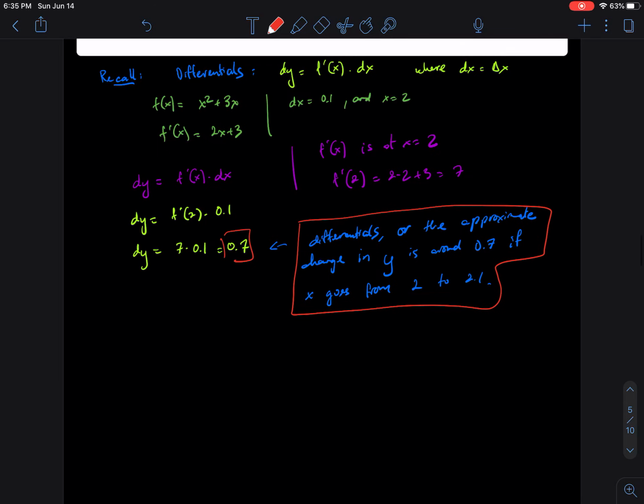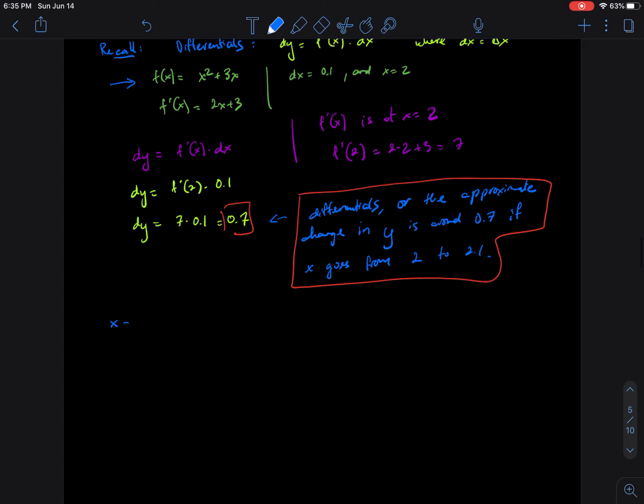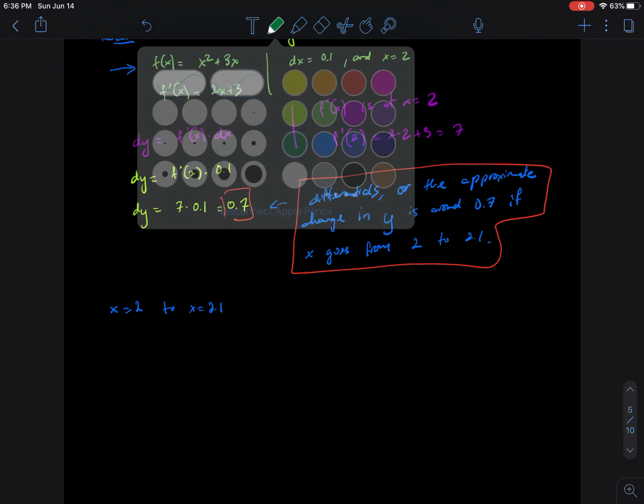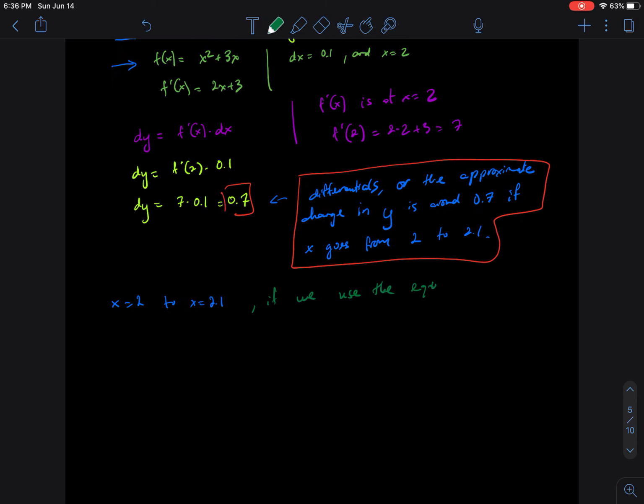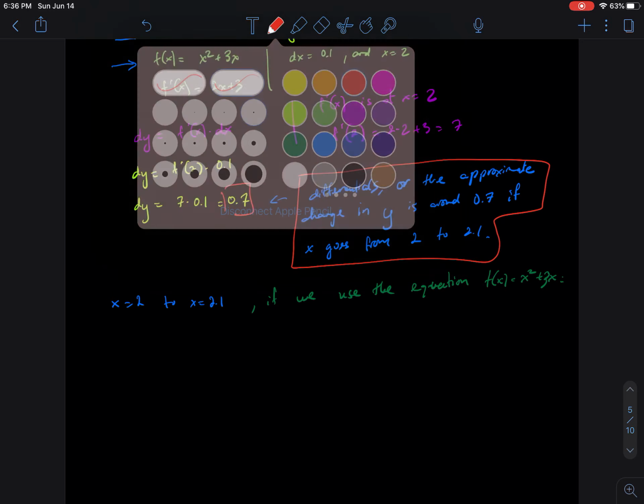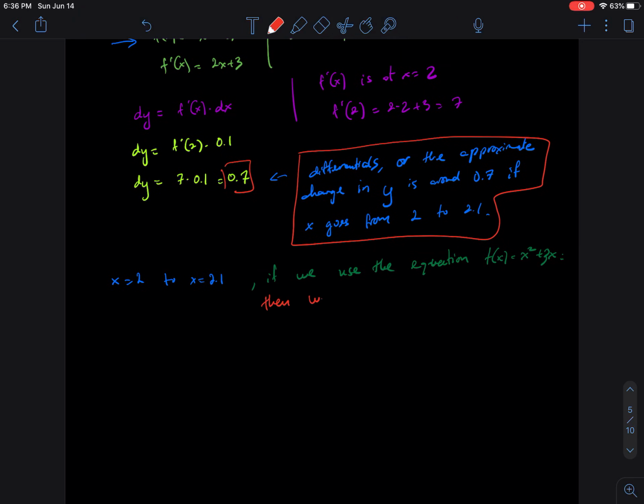If a function is this, and if we go from x equal to 2 to x equal to 2.1, because that's what dx is, then if we use the given equation, f of x equal to x squared plus 3x, we get the exact change in y.